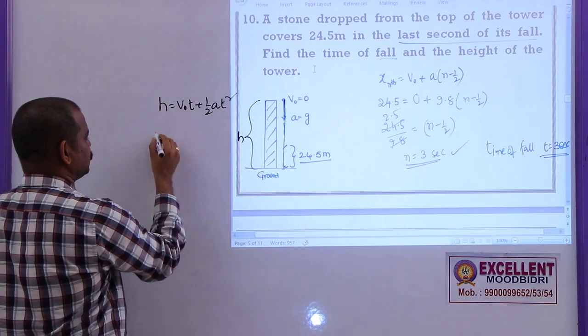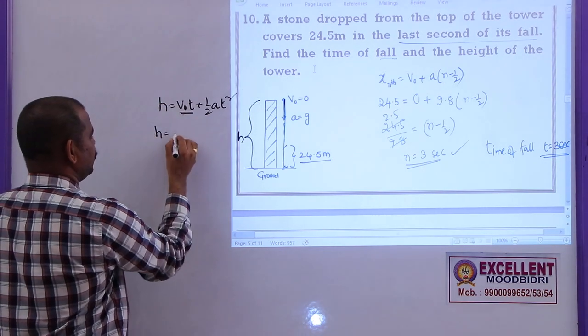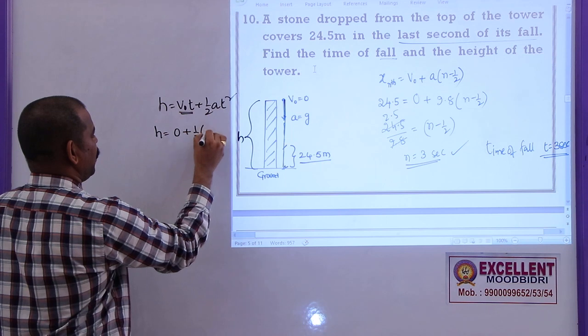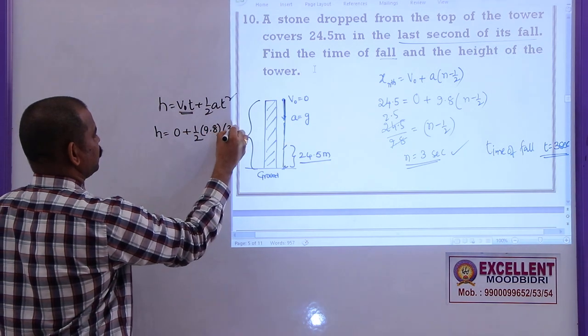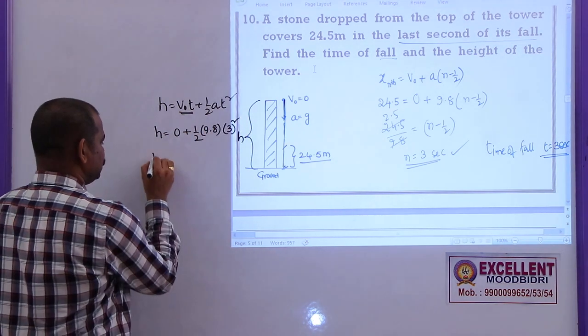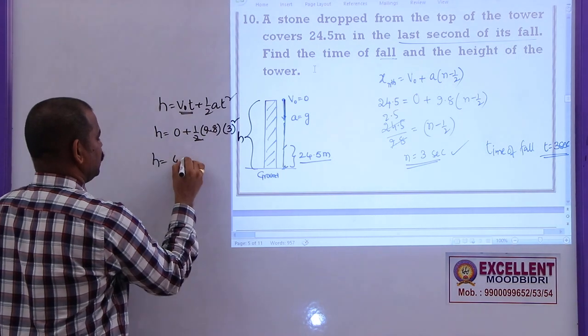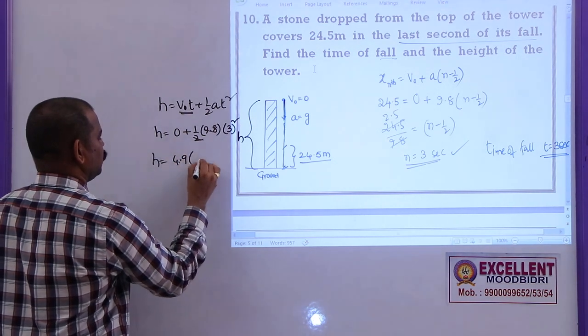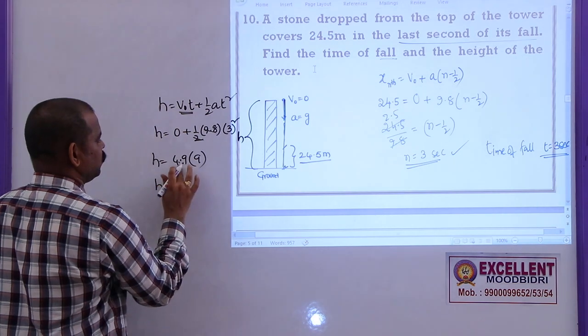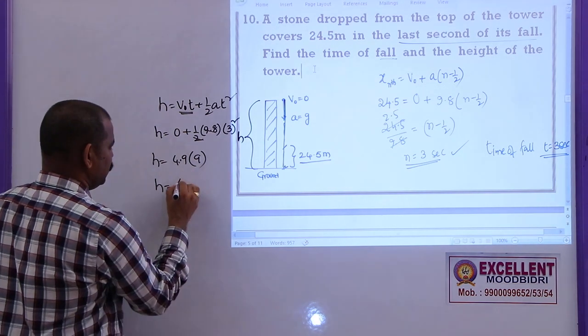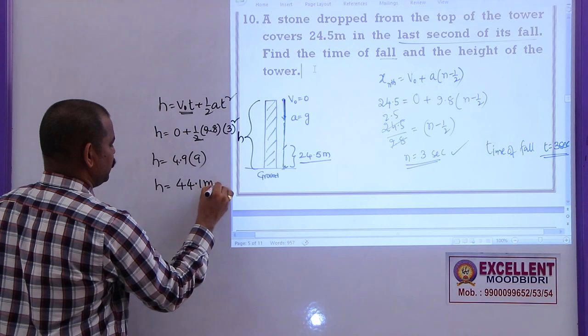Actually, this is the vertical displacement x. So, h is given by, the initial velocity is 0, half into 9.8 into 3 square. So, this is h is equal to, these two get cancelled, 4.9 into 9. So, h is equal to 5 nines, 45. This will be 44.1 meters.